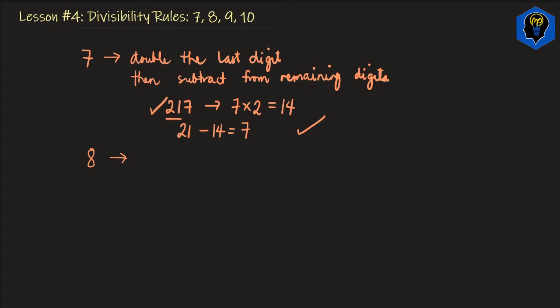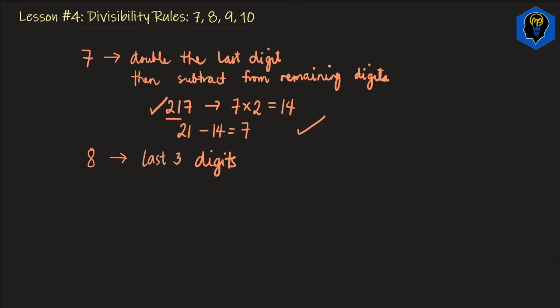Divisibility for number 8. Here, you have no choice but to look at the last 3 digits. They have to be divisible by 8. If the last 3 digits are divisible by 8, then that means the number is also divisible by 8.